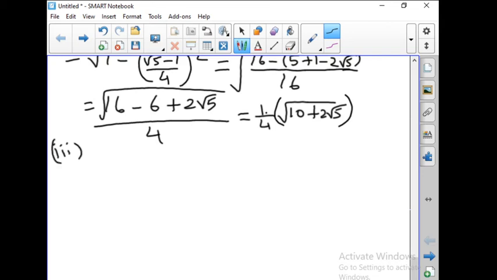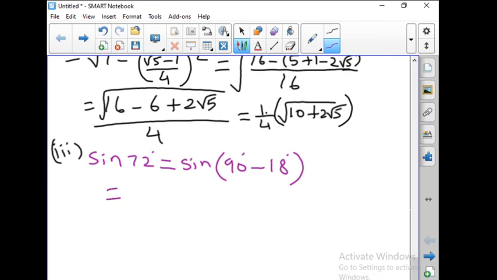So now we will do the third subdivision. Third subdivision, sin 72. So sin 72 degree, we can write this as sin of 90 minus 18. So what is sin 90 minus theta? It is cos theta.